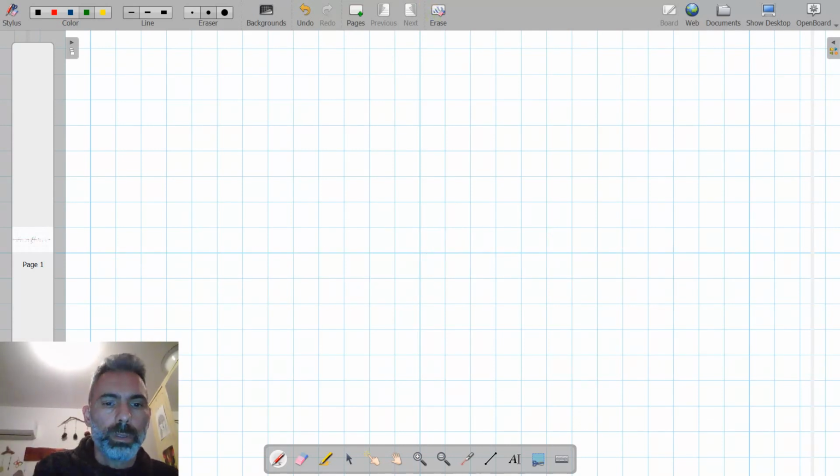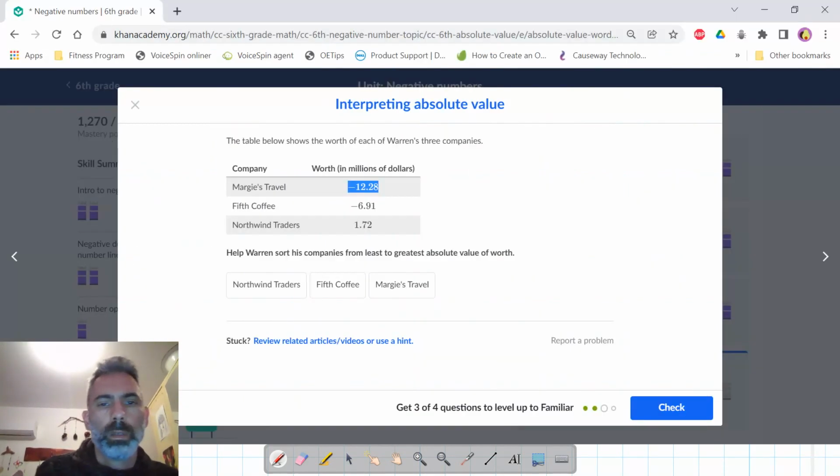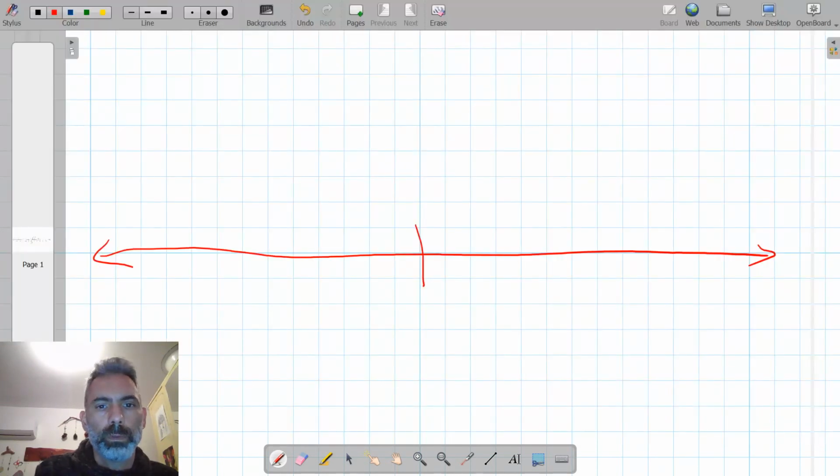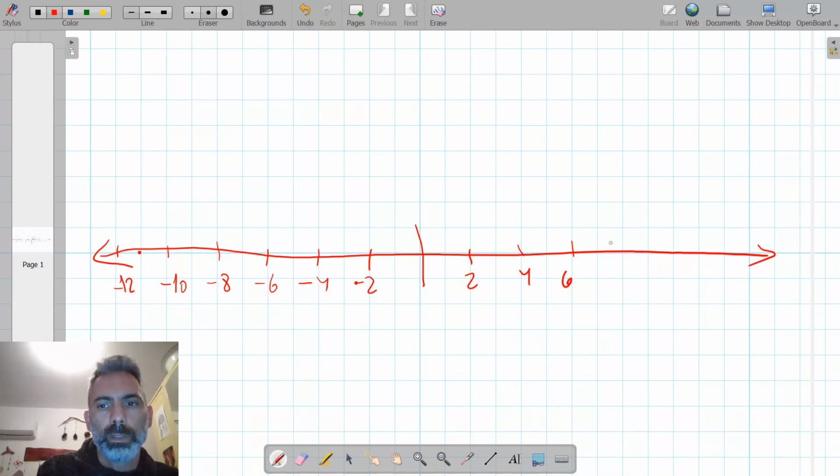Draw this on the board. Okay. We need to go to 12. So let's say each hash mark represents jumps of 2. So this is -2, -4, -6, -8, -10, and -12 is here. This is 2, 4, 6, 8, and 12.